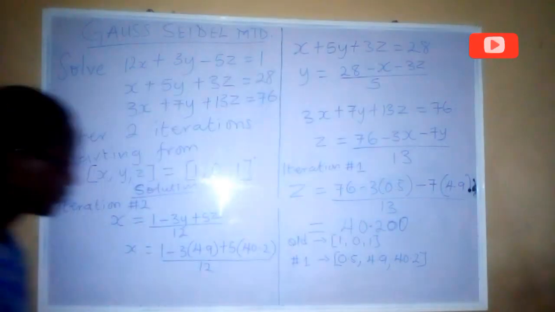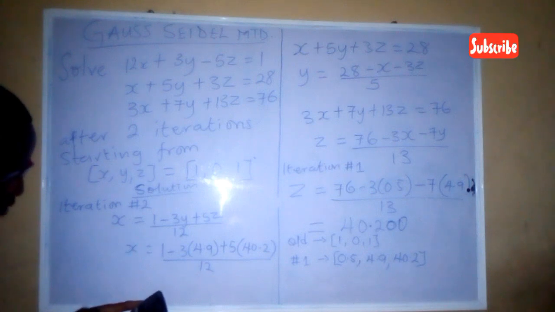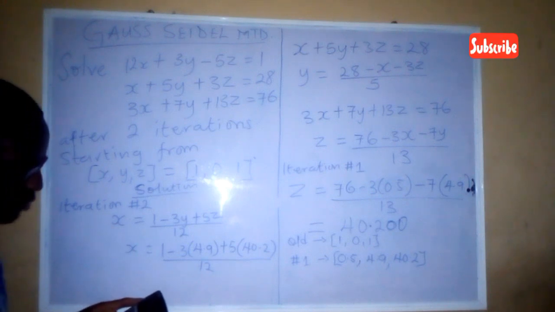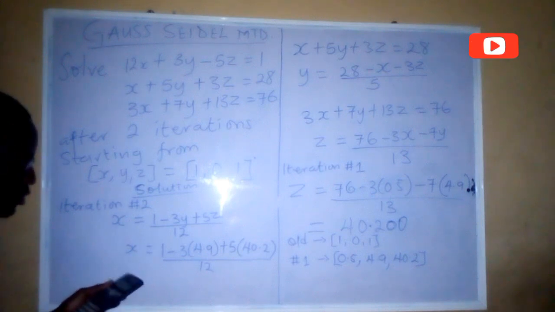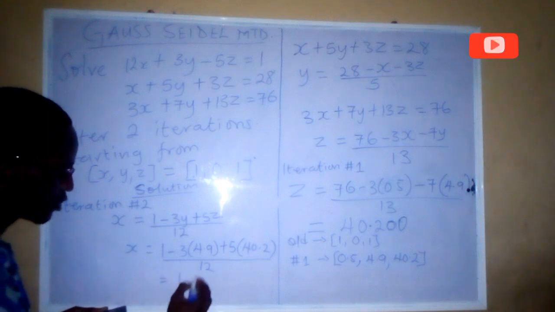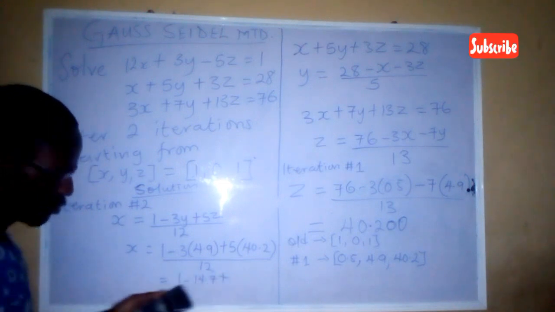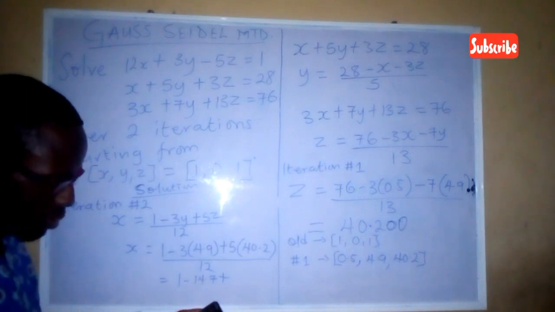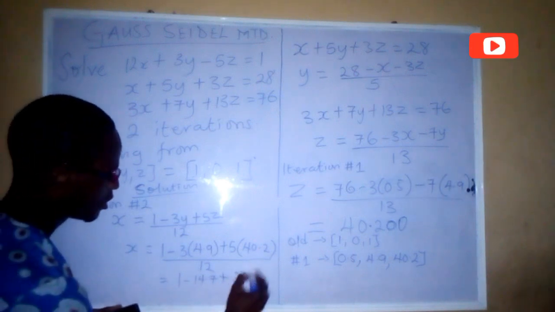So we go 3 times 4.9, that's 14.7. So I have 1 minus 14.7 all plus 5 multiplied by 40.2. That gives me 201.